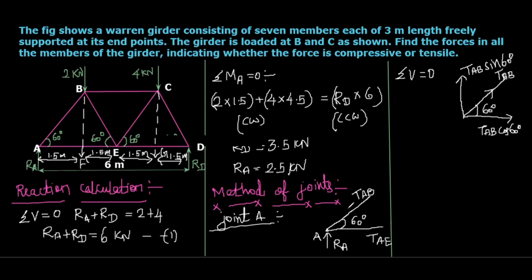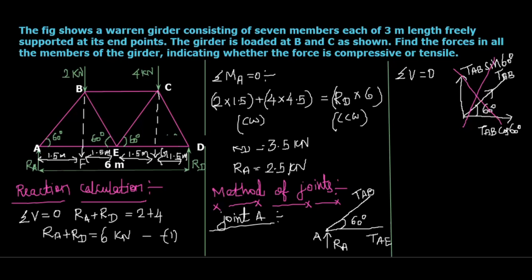If TAB acts in the first quadrant, then TAB sin 60 is also upward, and that cannot cancel the upward force RA. So this possibility can be eliminated.